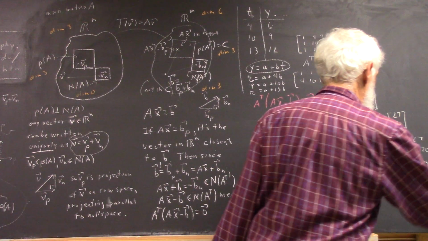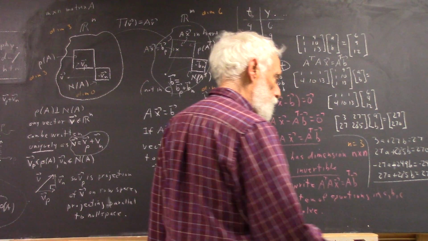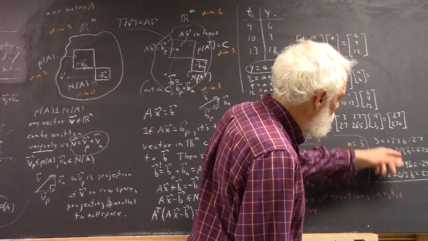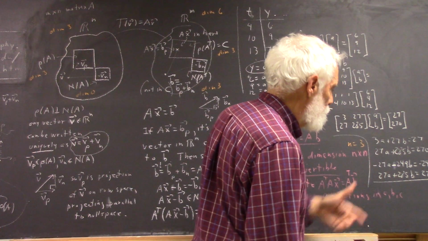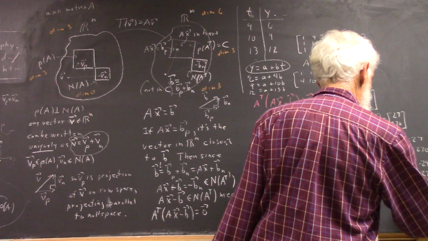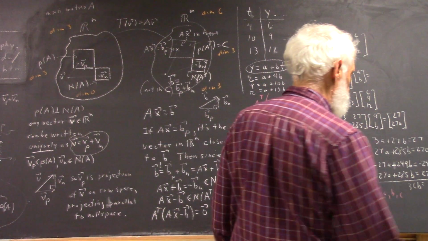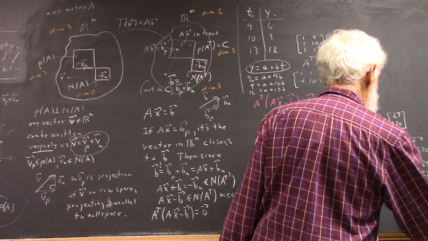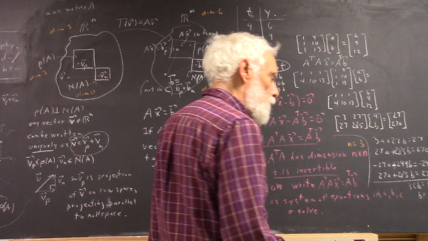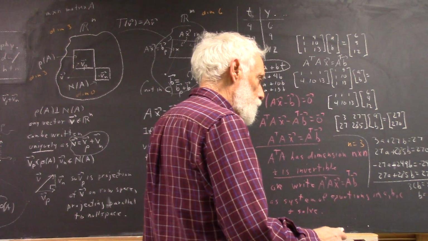I might be blocking the camera, but there's not much I can do from this angle. You know, this minus this is 36. And this minus this is 21. So b equals 21 over 36, which reduces to 7/12.